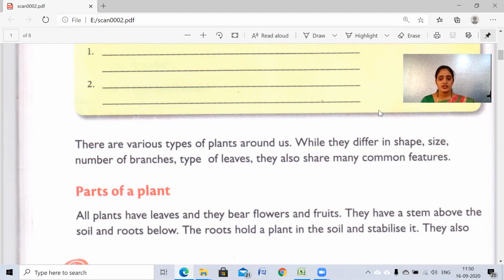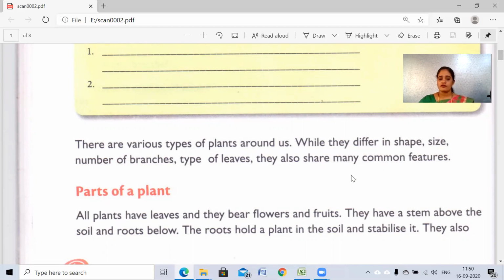Is it? So, come to the plant. The plant has different parts. If you see the plant, it has root, stem. In the stem, we can see leaves, flower, fruit. Is it? Yes. Come to the parts of a plant.